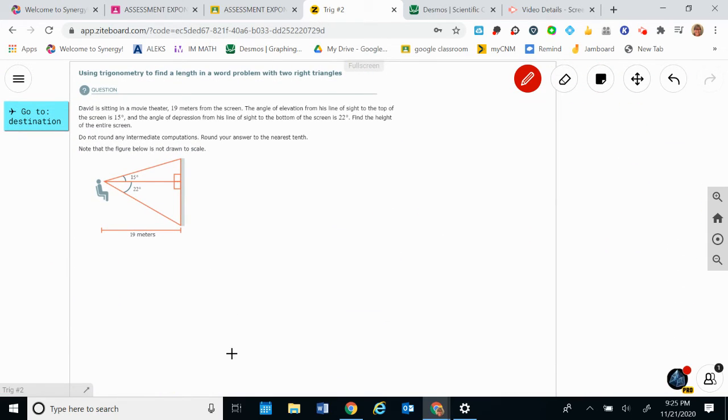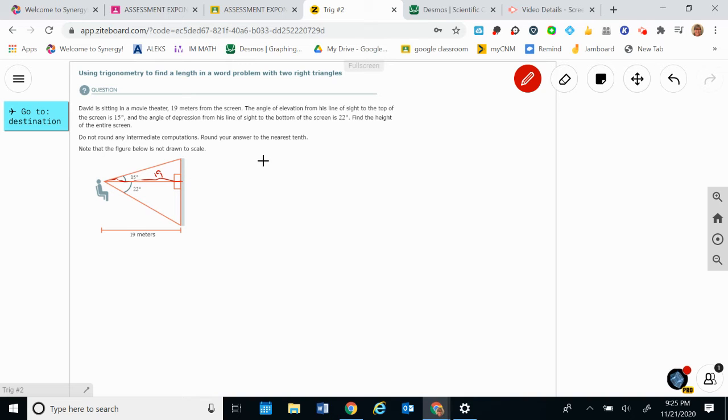Okay. It's given you two triangles now. Oh my God, can you handle two triangles? Yes, you can, because this side right here is equal to 19. If you need to, redraw them outside. But first, let's figure out what they want. David is sitting in a movie theater, 19 meters away from the screen.